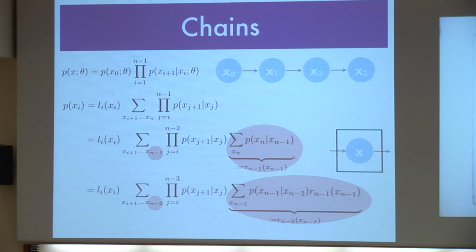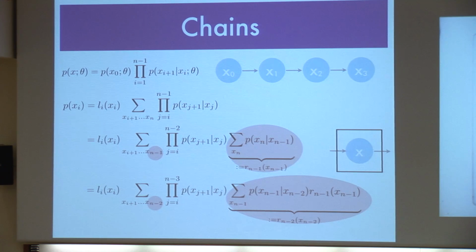And so that's how you work your way from the end to that variable here. So now what we have is basically we've managed to compute the sum over everything up to variable i from the left and everything from the right. And these are factors. Then I just multiply everything together and I'm done. This is the simplest version of dynamic programming message passing.